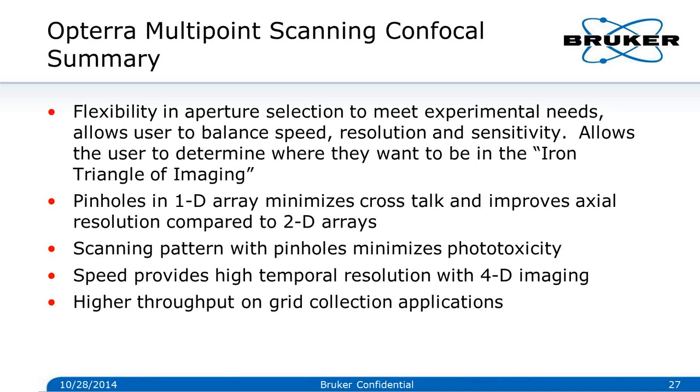The speed provides high temporal resolution in general, but especially with respect to 4D imaging. You can acquire four-dimensional data sets with each individual Z-series many times faster than people have been able to achieve with point scanning systems previously, and certainly on par with what people often collect in terms of just a 2D image across time.